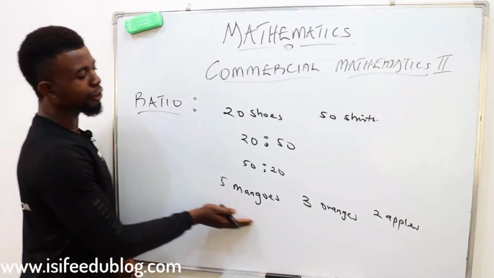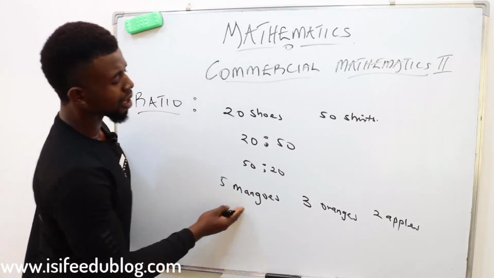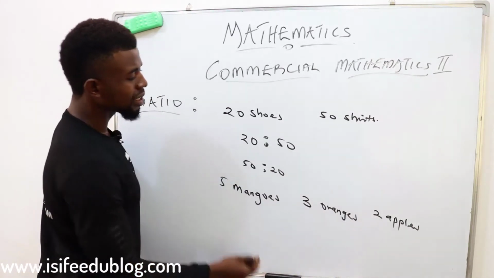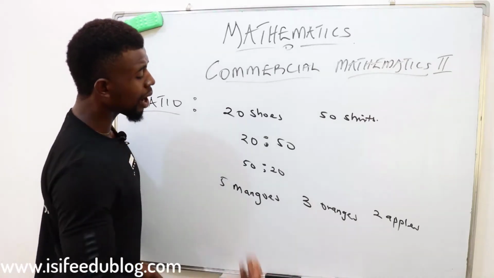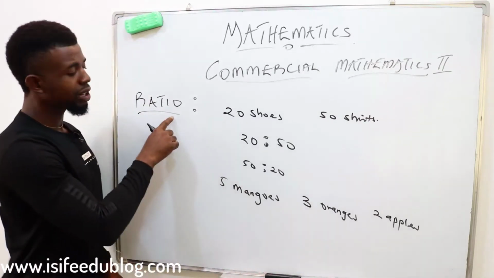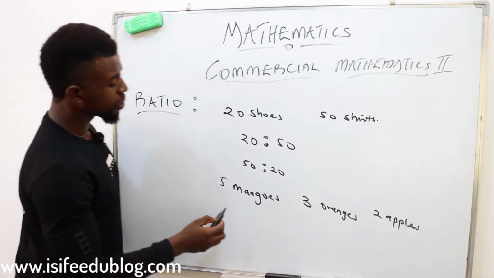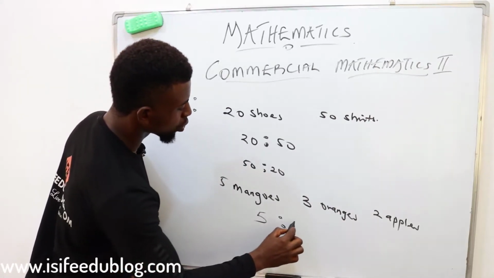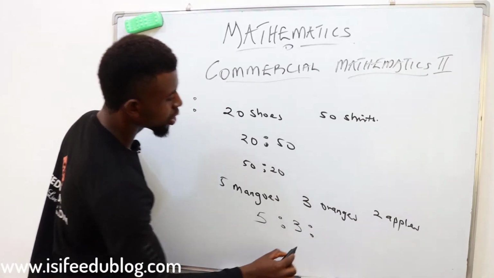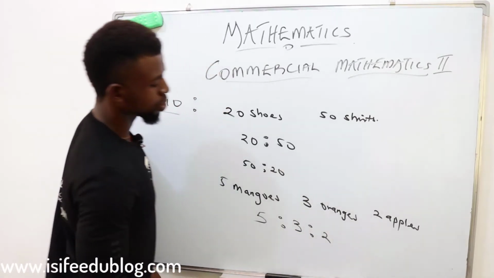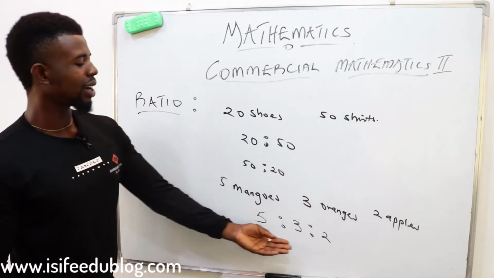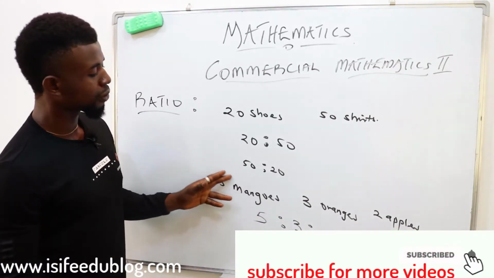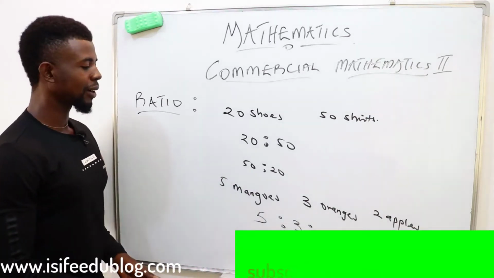These are the fruits I have in my bag. If I want to show the relationship in size between these fruits, I show it using ratio, and that will come in this form: 5 mangoes is to 3 oranges is to 2 apples. So this is how I show the ratio of the number of the different fruits that I have in my bag.